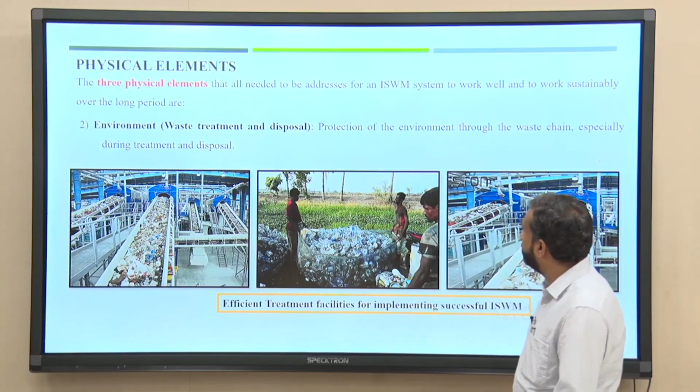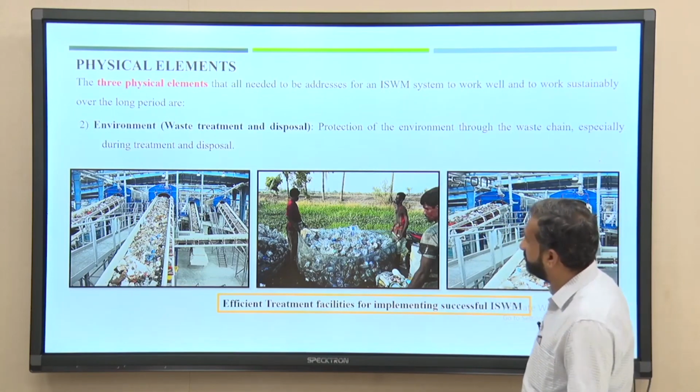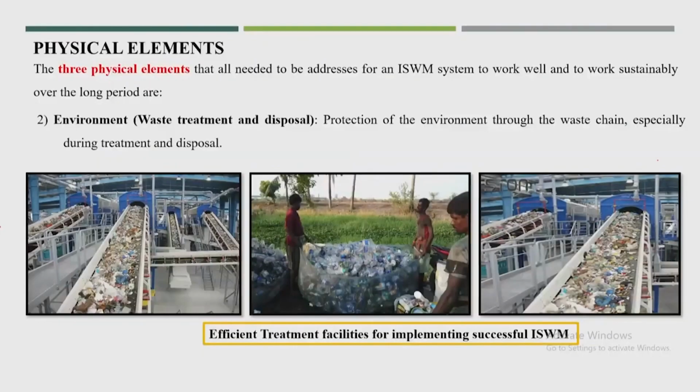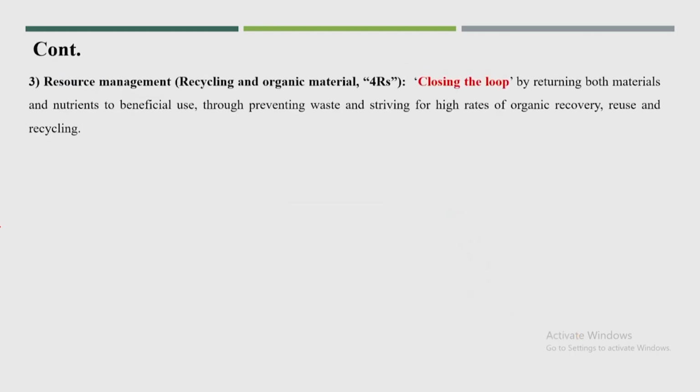So, proper protection of the environment through the waste chain, especially during treatment and disposal. If you have a proper recycling process, which I showed in some photographs, a proper treatment process, and proper sanitary landfill facilities available in the city, then we can easily maintain the environmental condition in the local area.